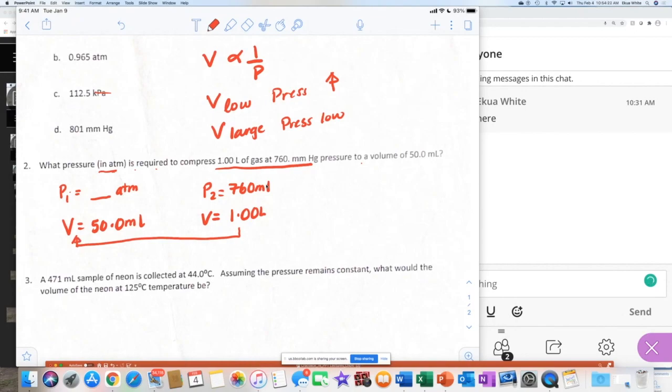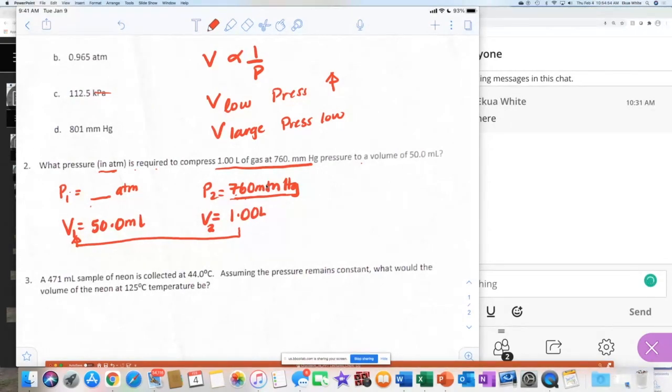If we're trying to compress, we're going from, oops, I didn't finish writing this properly. This is supposed to be millimeters of mercury, right? We're going from this pressure here, that's big, atmospheric pressure, to a smaller pressure. So this actually goes together, right? Large volume to small volume. So this is supposed to be V2, V1, and this has to be the larger pressure to the smaller pressure.